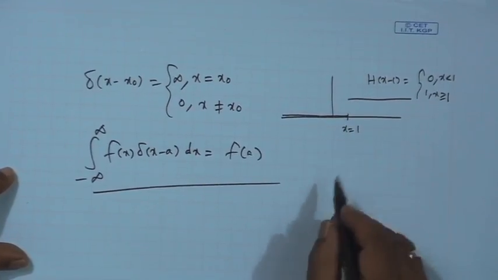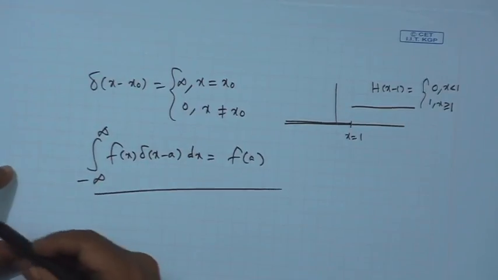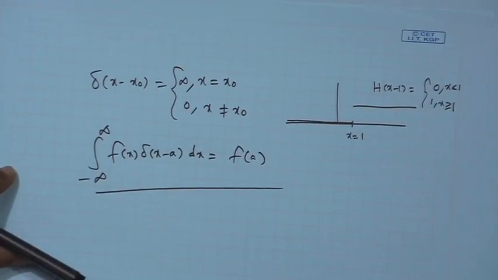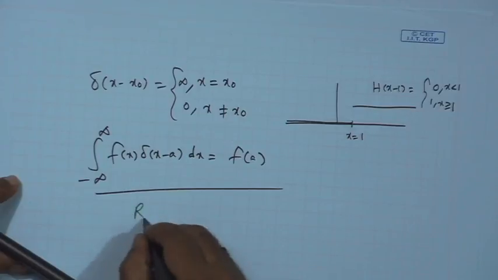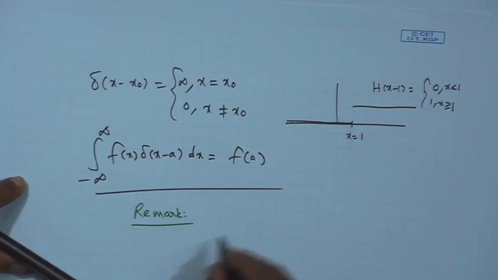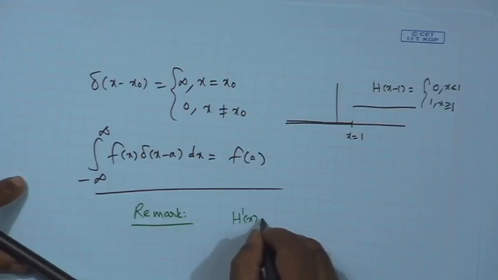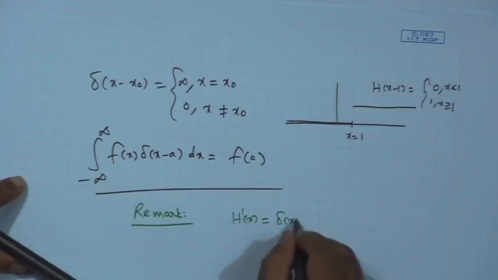Okay. So, now these two share a relation. I just give a remark; the proof we may supply as an appendix. They share an interesting relation: h dash of x is delta of x.